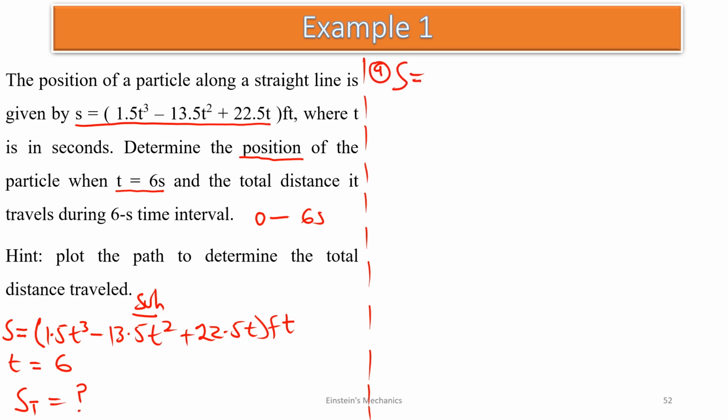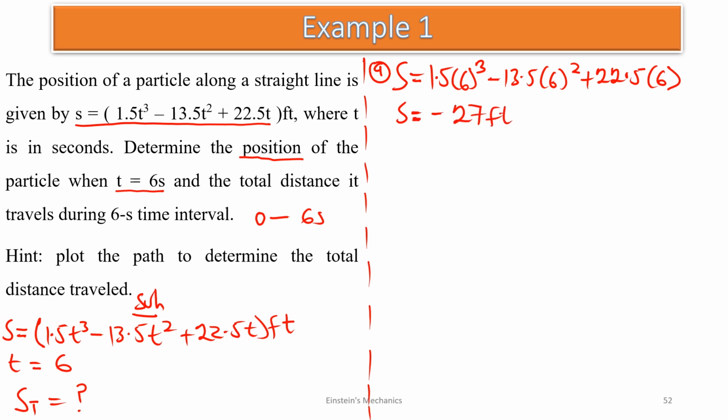So that is going to be 1.5(6)^3 - 13.5(6)^2 + 22.5(6), and the position at 6 is going to be negative 27 feet.